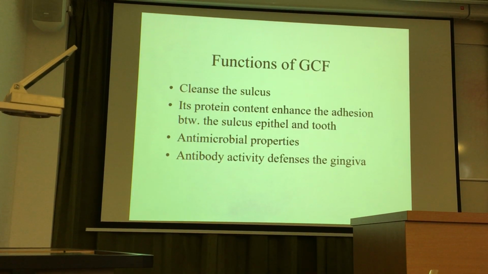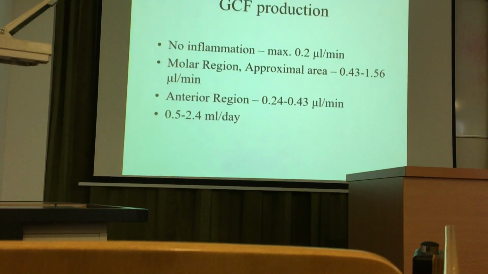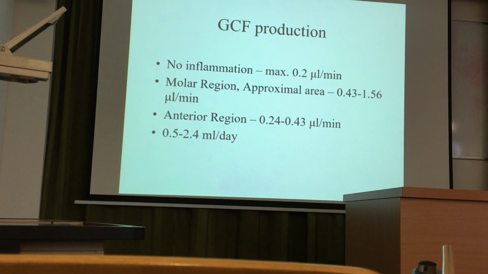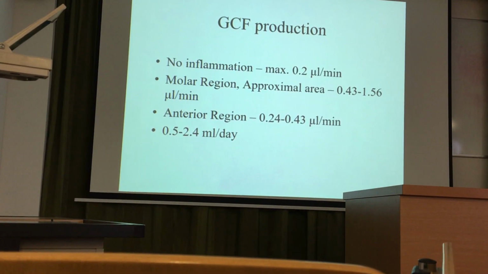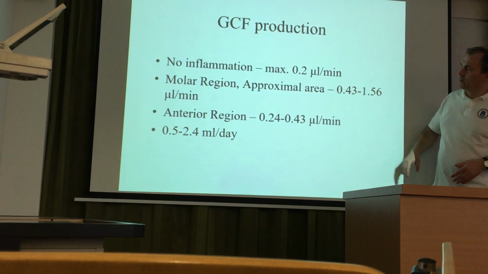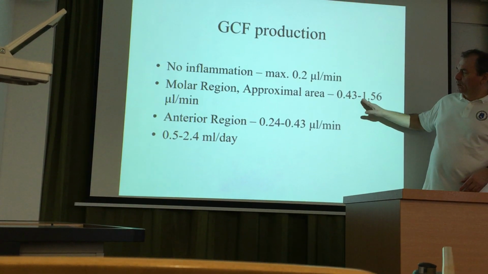And we have here the GCF production. When we don't have inflammation, you can see here the amount of the production. GCF is different in different areas. The highest production is seen in the molar region and in proximal areas, between the proximal surfaces of molars.